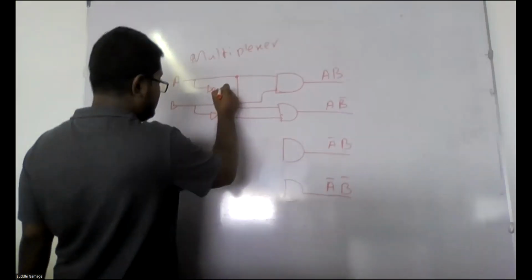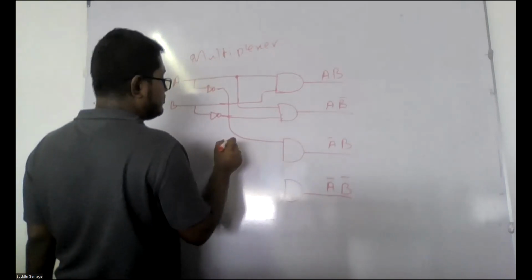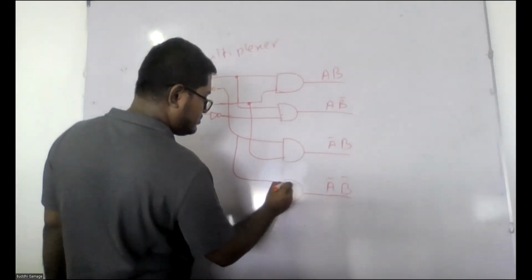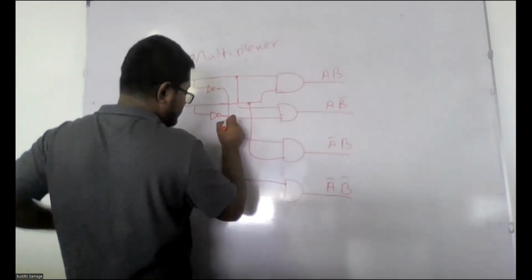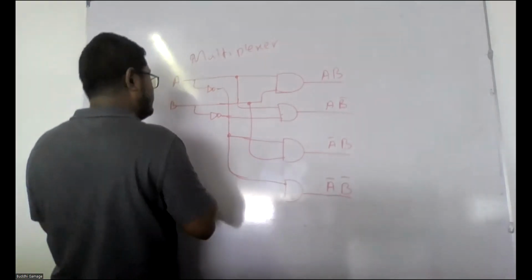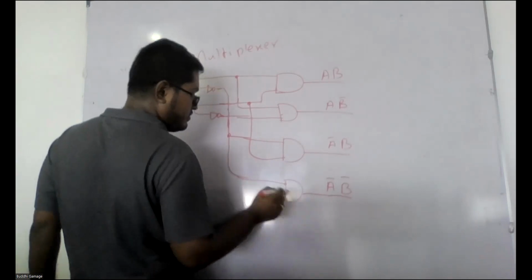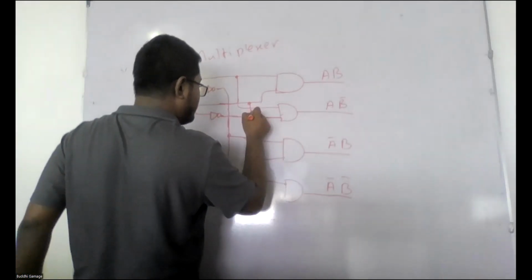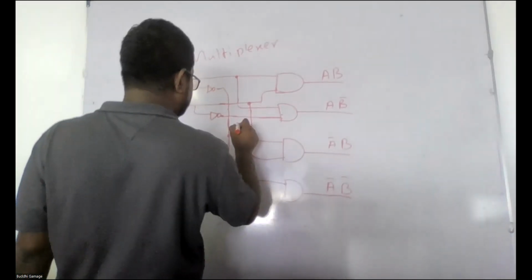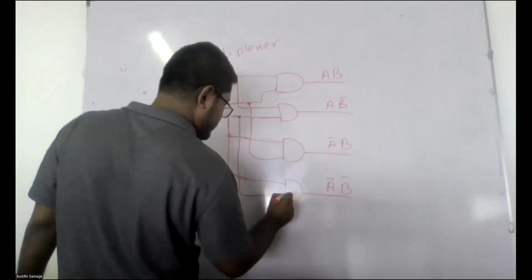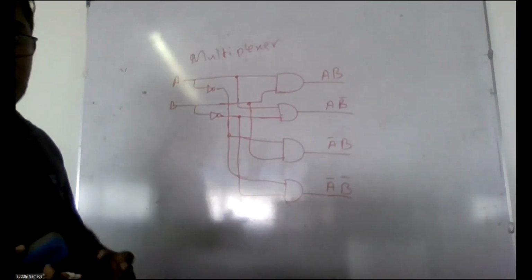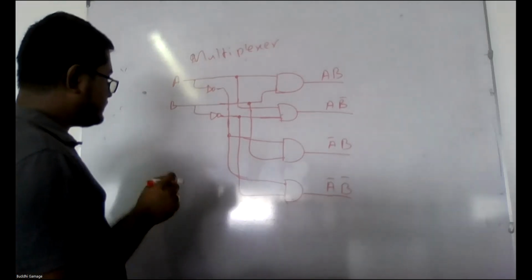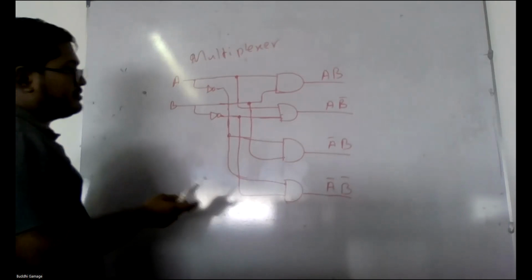Right. So A bar, B. Power above, right? And in a multiplexer, the opposite will happen, right?